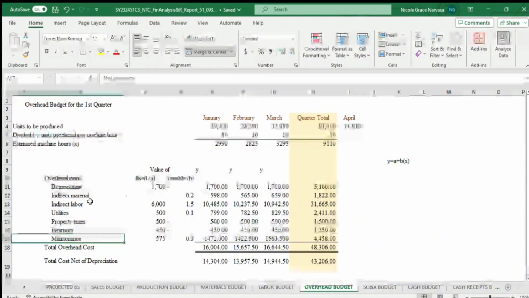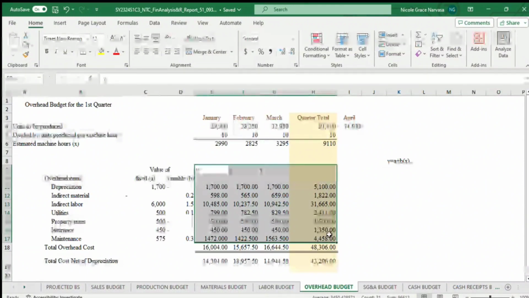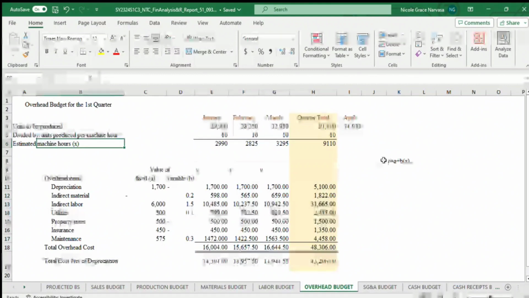So if these are our components, this Y will be our dollar cost. To compute this, let's start on the estimated machine hours because we will be needing that.